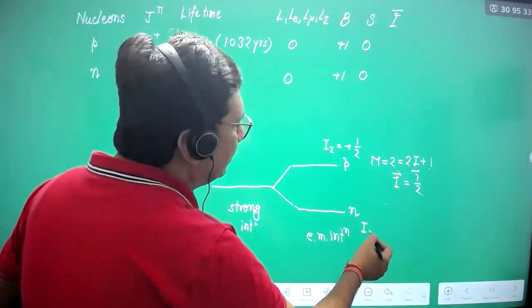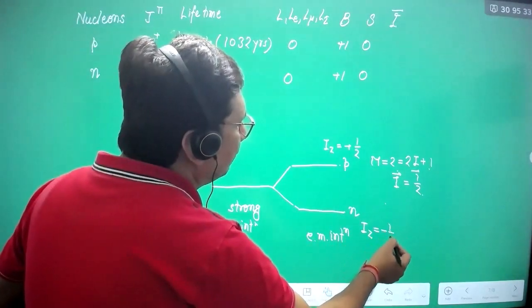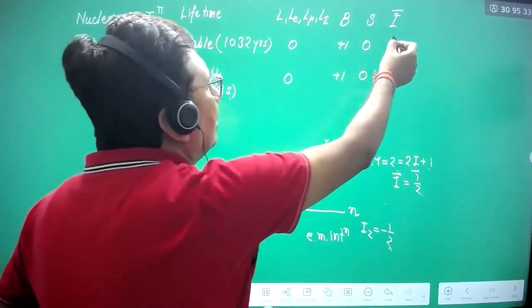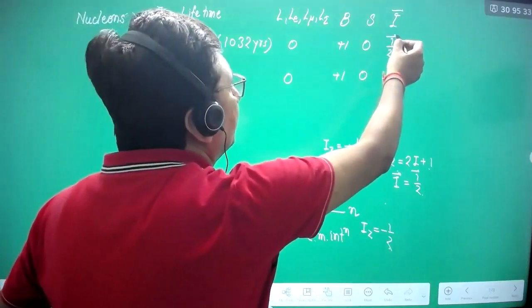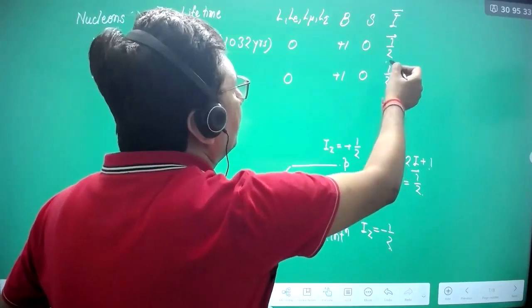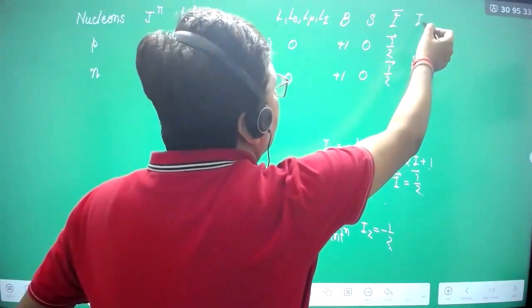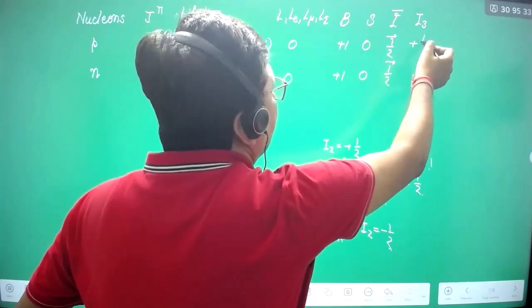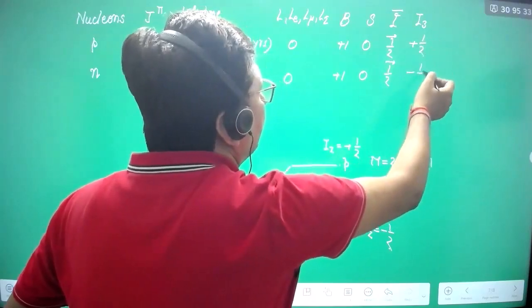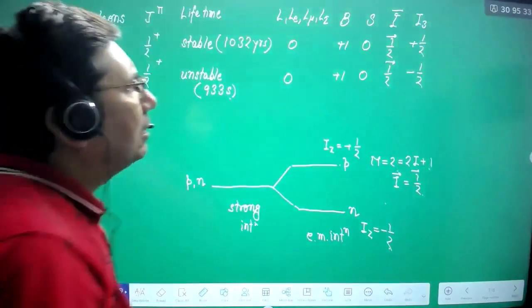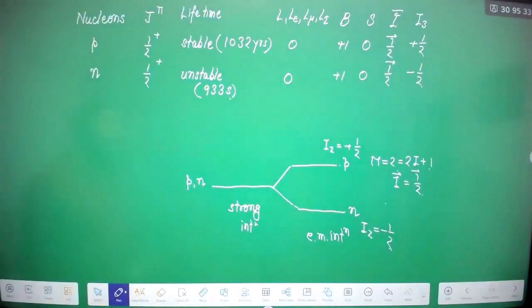For neutron, I_Z is minus half. These are the numbers you will require.